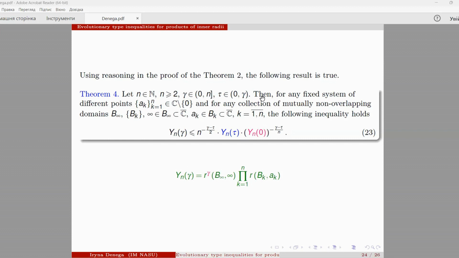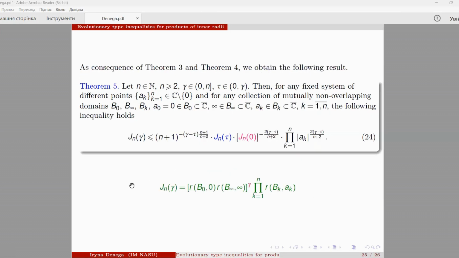Then for any fixed system of different points a_k, and for any collection of mutually non-overlapping domains B_infinity, B_k, infinity from B_infinity, a_k from B_k, and k from 1 to n, the inequality holds: H_n of gamma is less than or equals n to the minus (gamma minus tau) over 2 times H_n of tau times H_n of 0 to the minus (gamma minus tau) over n.